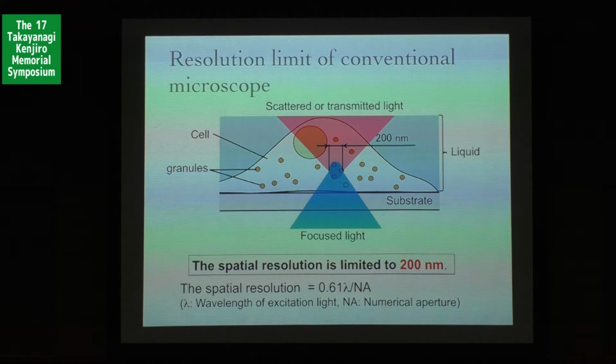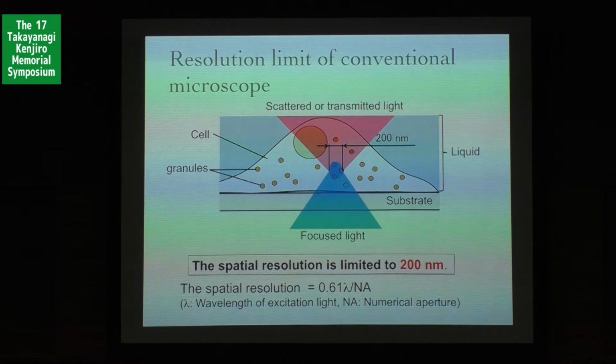The focused light is scattered and transmitted. The scattered and transmitted light is detected. The detected signals are added together. The light comes from the three objects.